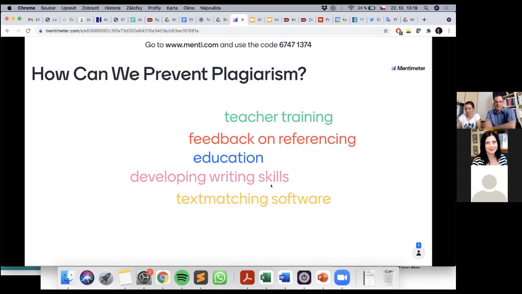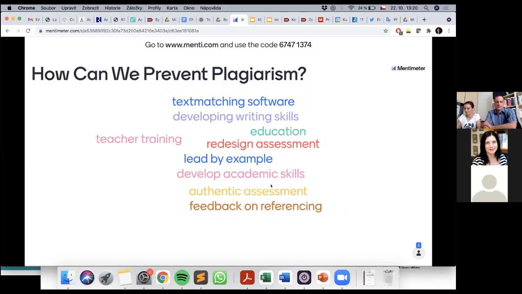So we have first ideas here. We have teacher training, feedback on referencing, education, developing writing skills, using text matching software. What else can you think of? Lead by example. That's nice.